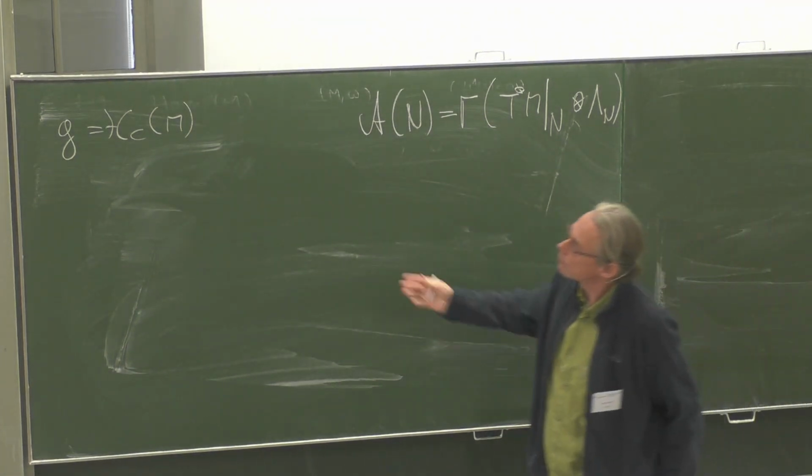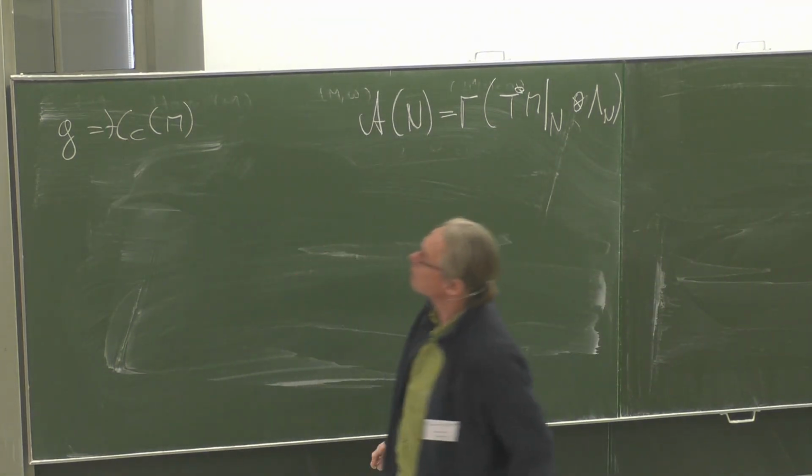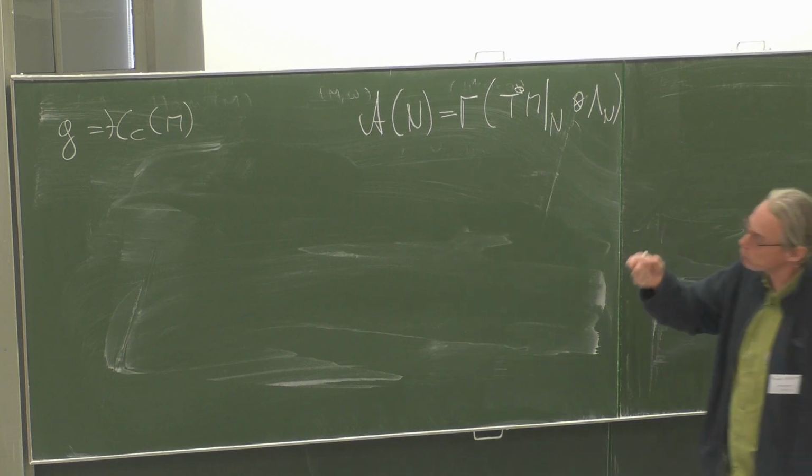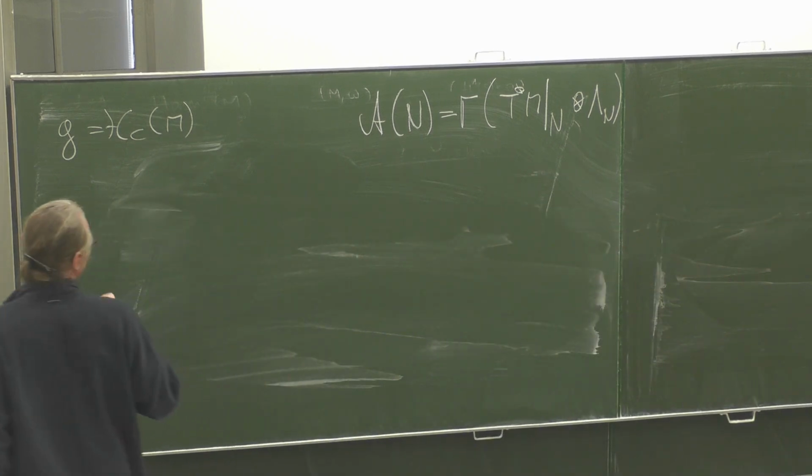So this is what you would like to have for A of N, if you consider the full group of diffeomorphisms or its Lie algebra.